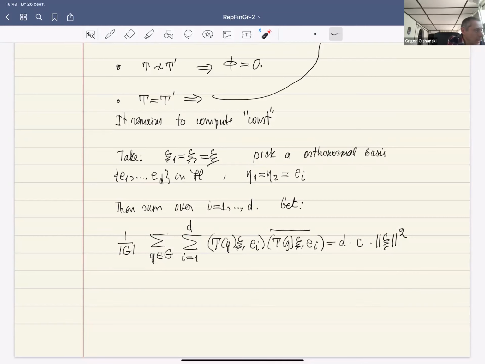Okay, and so this is on the right-hand side, and this is equal to this expression.